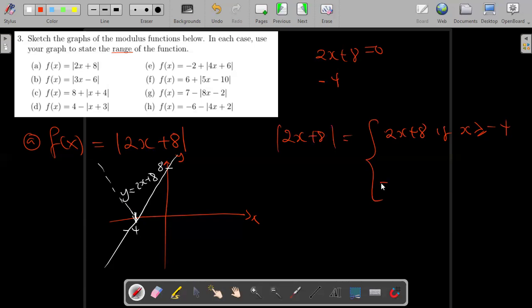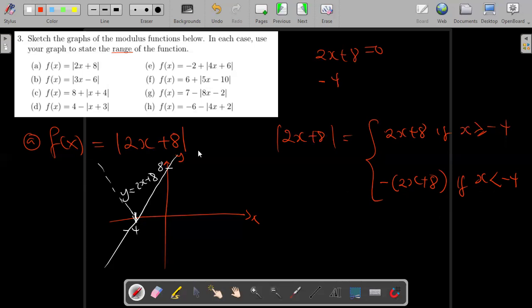Then you have the negative of it, which is negative 2x minus 8, multiplying throughout by the negative, if x is less than negative 4. This is how you would define that modulus function.